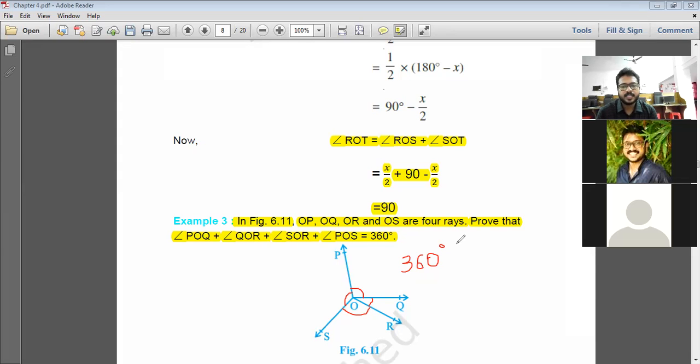For any point, the angle around that point is how much?